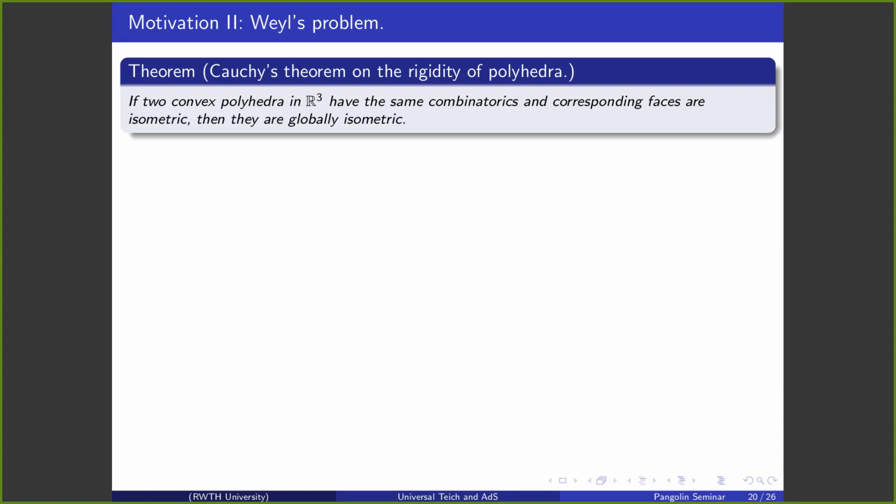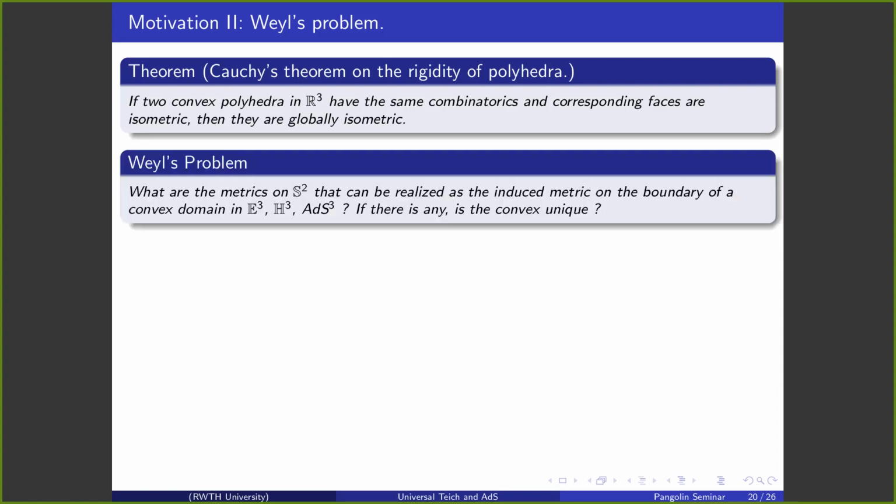It's attributed to Cauchy, but the proof was not correct until Legendre fixed one part of the argument. So it's more like the Cauchy-Legendre theorem. The theorem states that if two convex polyhedra have the same faces, then they are the same, or one is a displacement of the other.